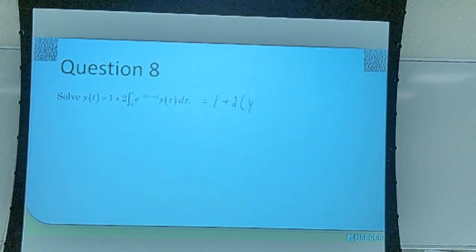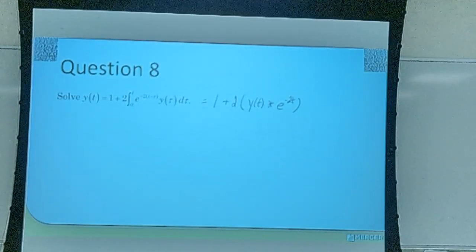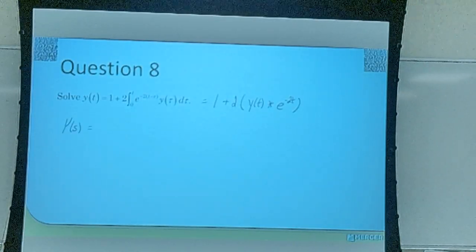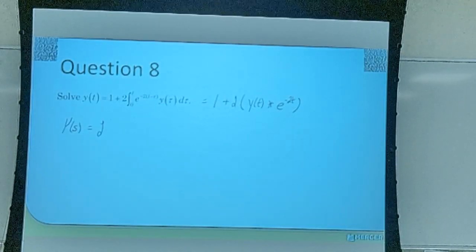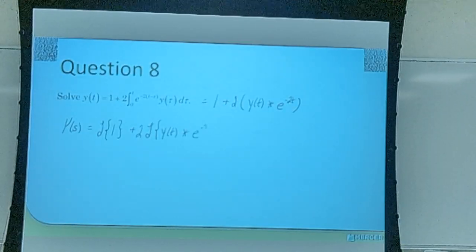Specifically, it's the convolution of y of t with e to the negative 2t. Now take the Laplace transform. We get big Y of s, Laplace transform of 1 plus 2 times the Laplace transform of y of t convoluted with e to the negative 2t.